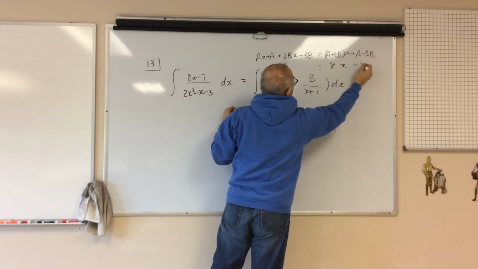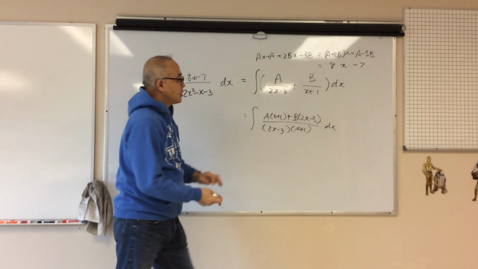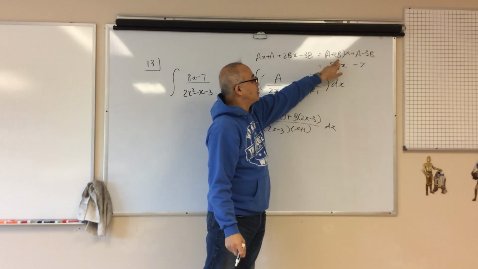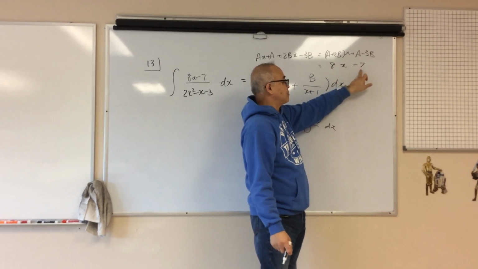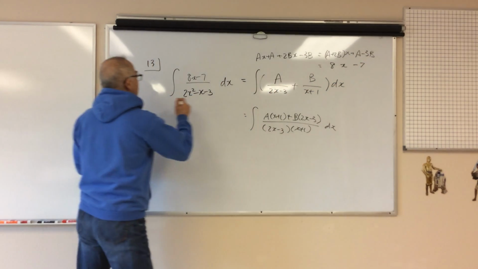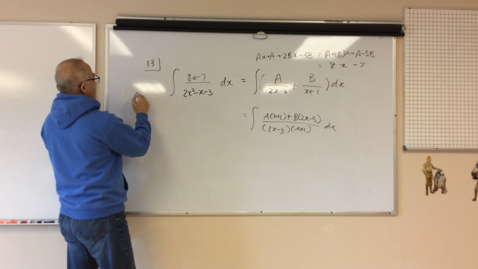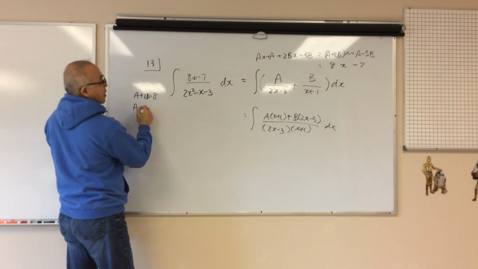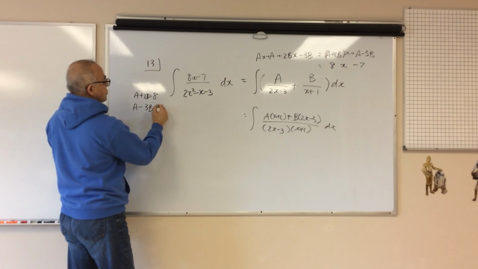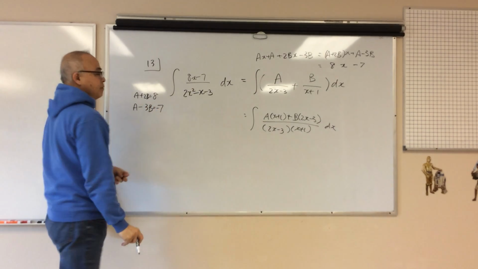As you can see, if you match them up, a plus 2b has to be 8, and a minus 3b has to be negative 7.